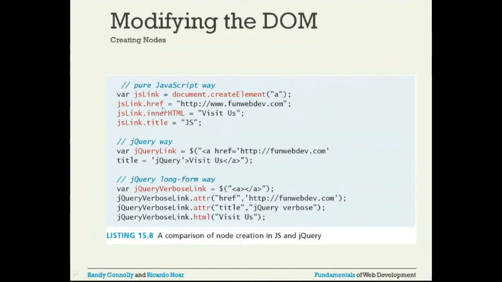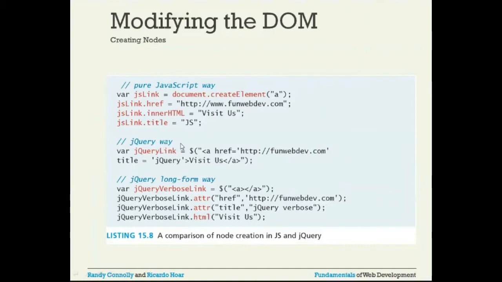JS link dot href. The href property will be set to this value: http colon forward slash forward slash www.funwebdev.com. That is the href value. And the inner HTML, we are going to set it as visit us. JS link dot inner HTML, then title, JavaScript, capital JS.